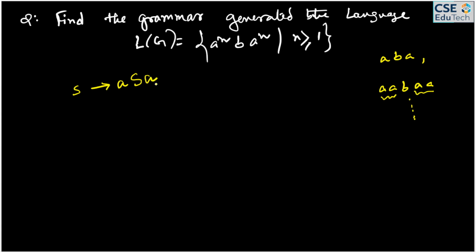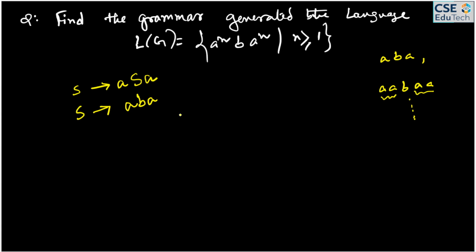If only this is given, then it can generate a to the power n and a to the power n, clear? And also S could be written in that way, a b a, clear? So these two things will basically generate this.